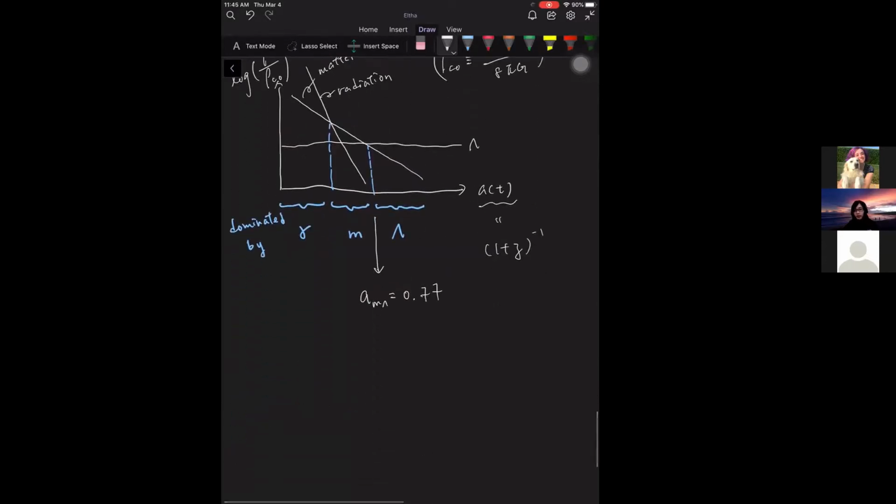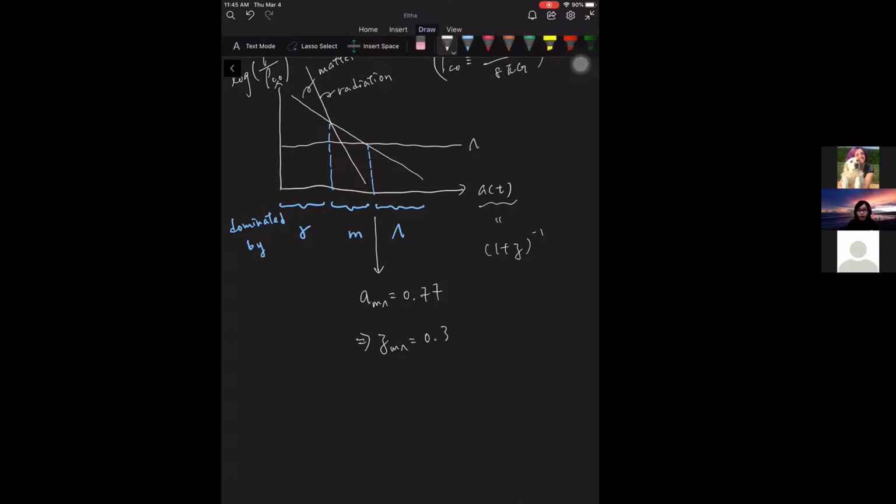If you convert that to redshift, you will get z equal to about 0.3. So it is not until z equal 0.3 that our universe starts to be dominated by dark energy. So it is very, very recent.